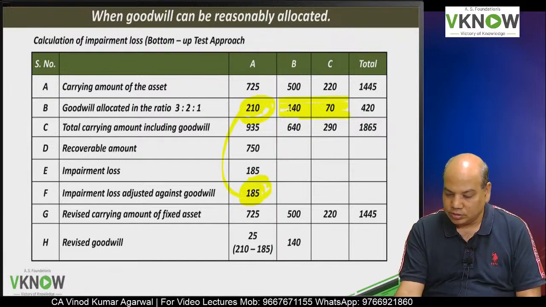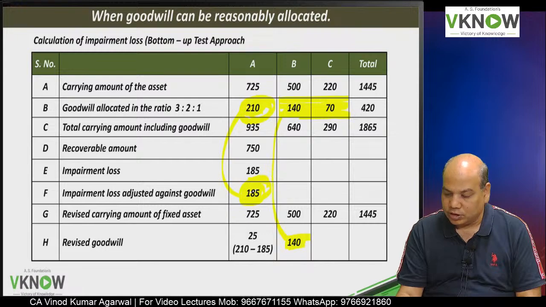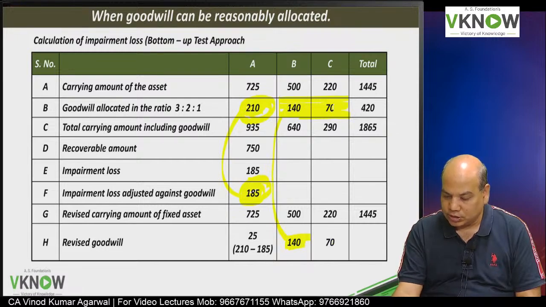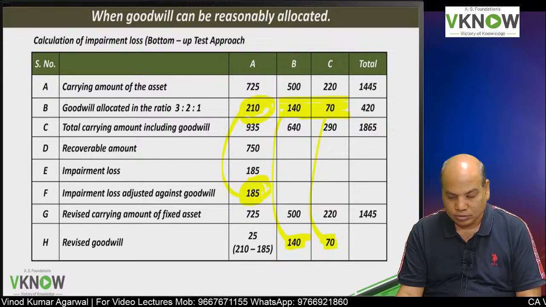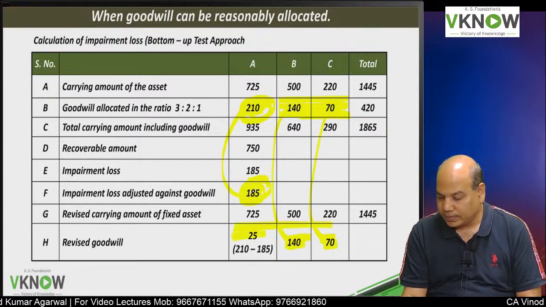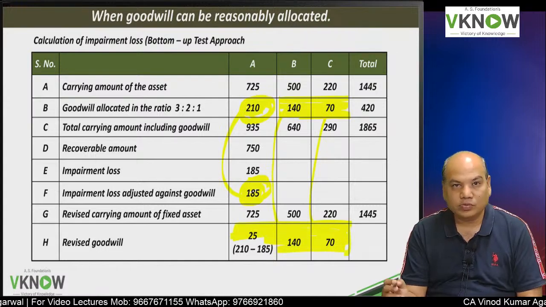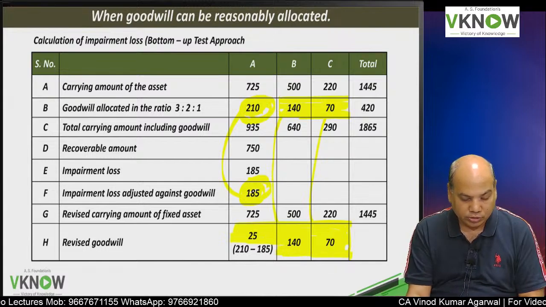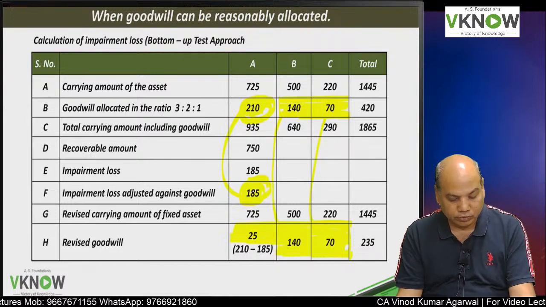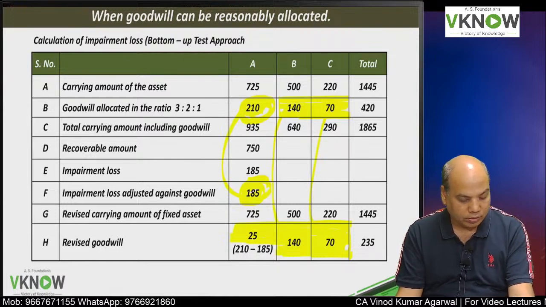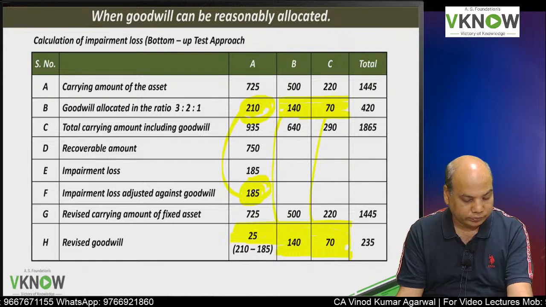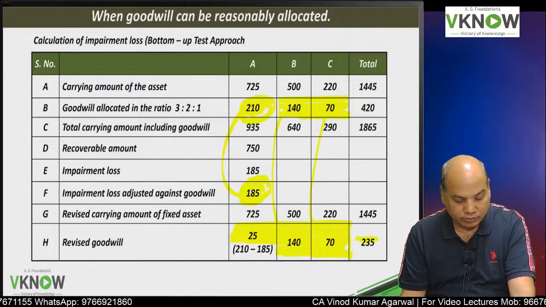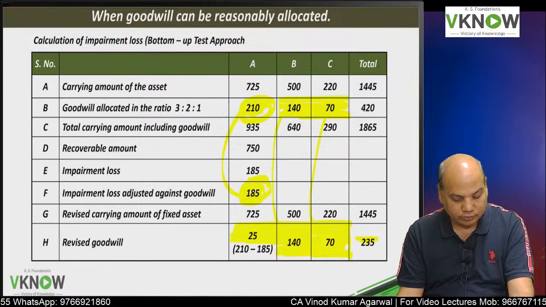So I am going to take the same 140 here, and the same 70 here. Now tell me the total value of goodwill after impairment: 25 plus 140 plus 70. Come on, student, what is the answer? 235.